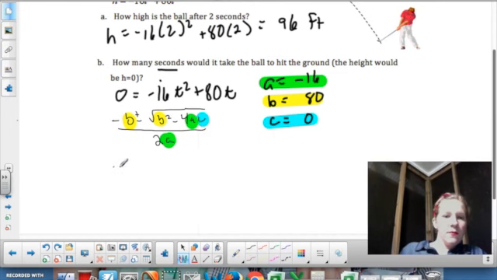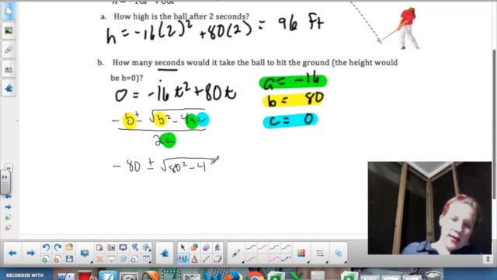Negative b means I'm going to have negative 80 plus or minus the square root of 80 squared minus 4 times negative 16 times 0, all over 2 times negative 16.